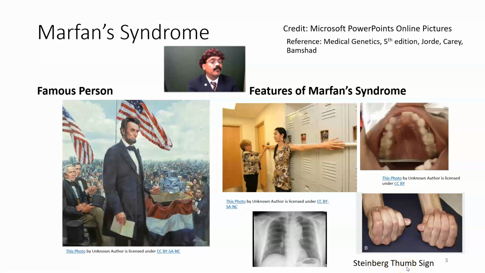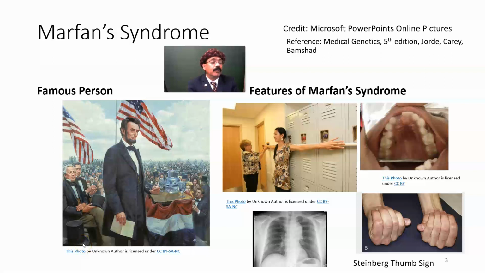This is a characteristic sign of Marfan syndrome along with ectopia lentis, and certainly there may be heart problems: aortic dilatation, aortic aneurysm, ascending aorta dilatation, and descending thoracic aorta dilatation is also possible, and that may be the cause of death.